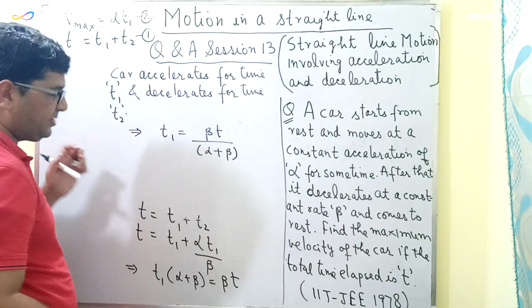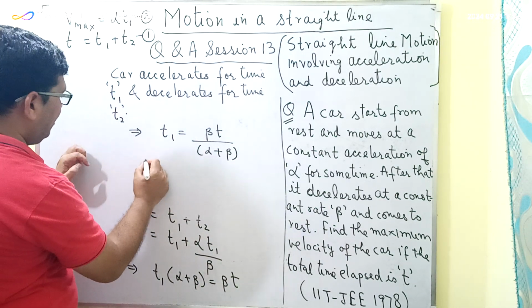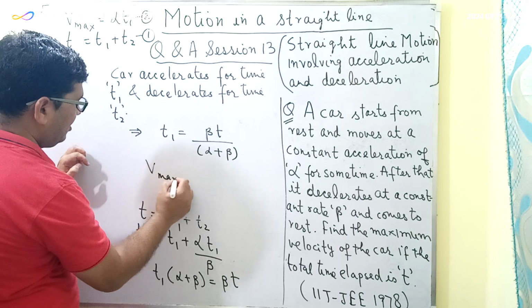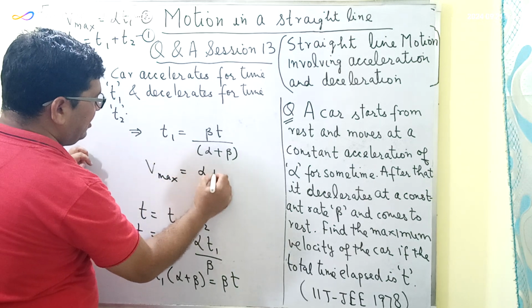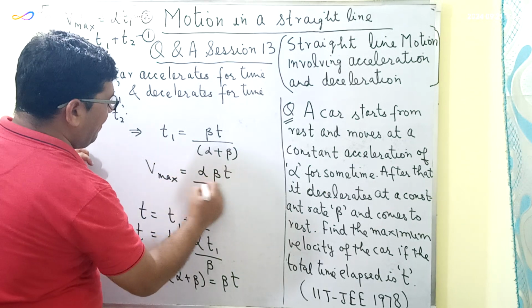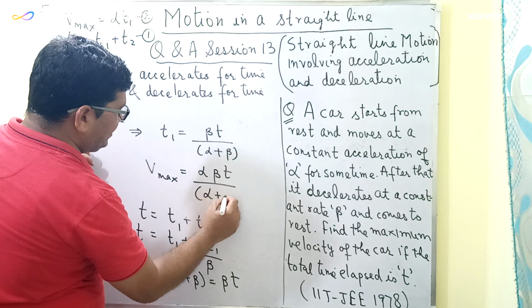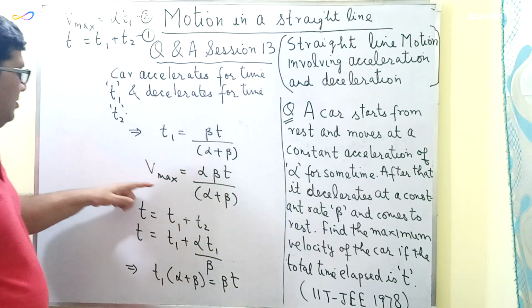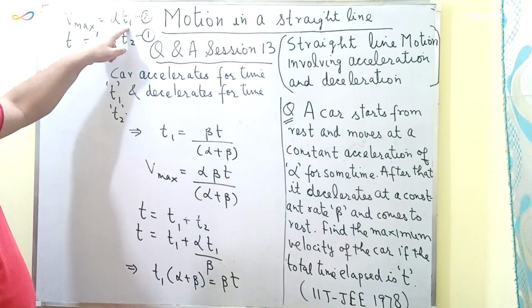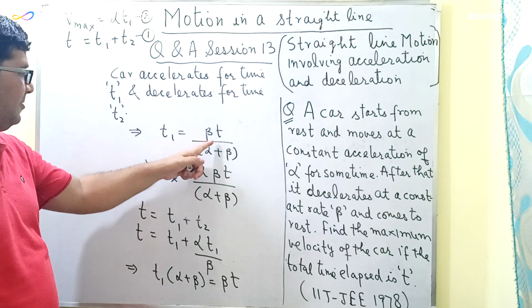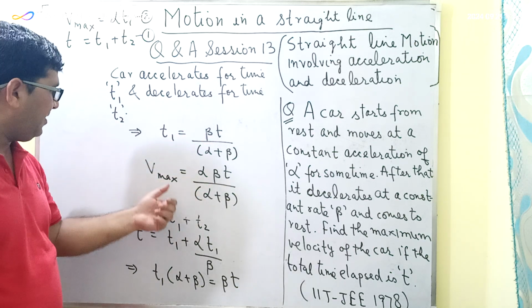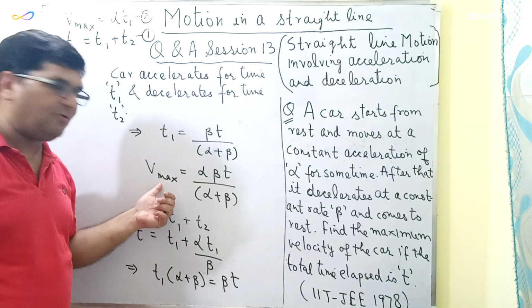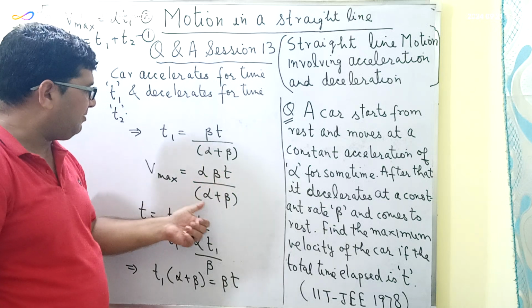So the maximum velocity, which is equal to alpha t1, will be equal to alpha beta t divided by alpha plus beta. Because v maximum is equal to alpha t1, and the value of t1 is beta t divided by alpha plus beta, the maximum velocity attained by the car will be equal to alpha beta t divided by alpha plus beta.